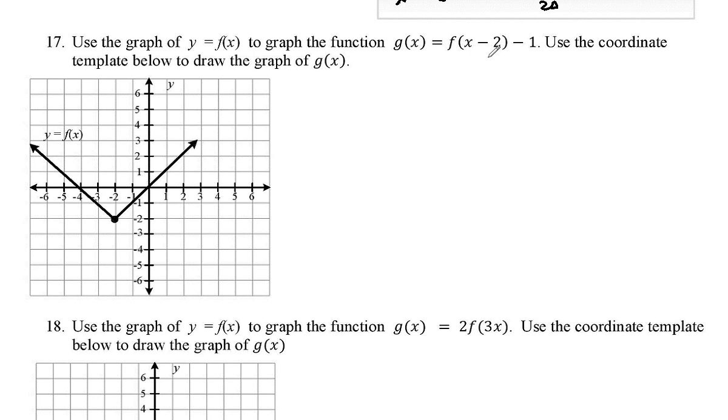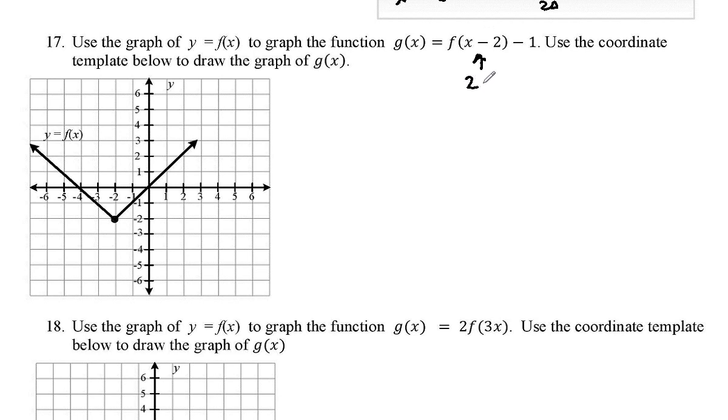So here we subtracted 2 on the inside, and remember that anything done on the inside of the function's a liar. It does the opposite of what you think. So if you are subtracting 2 on the inside, that's going to add 2 to the x coordinate.